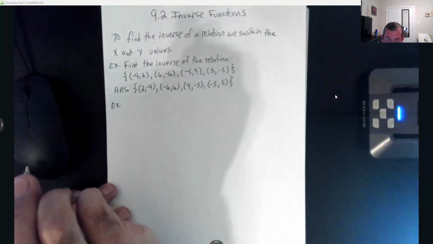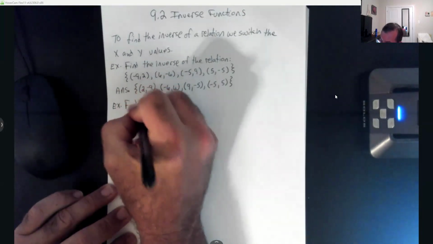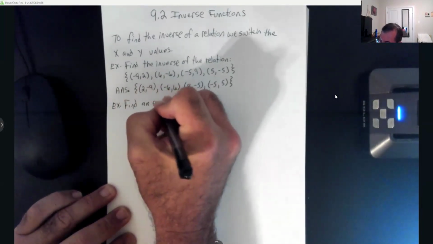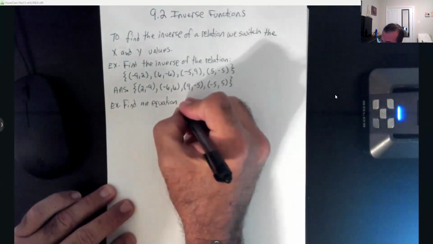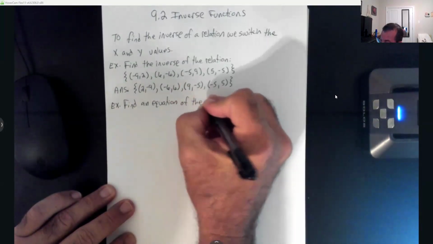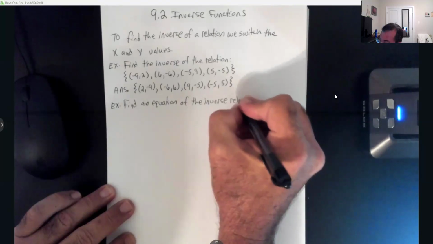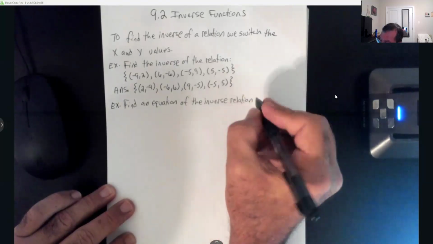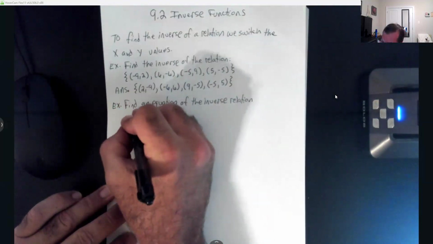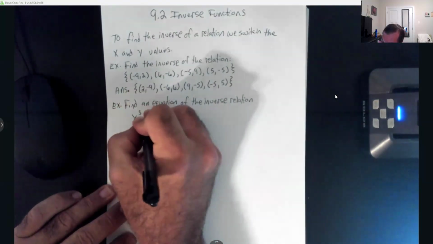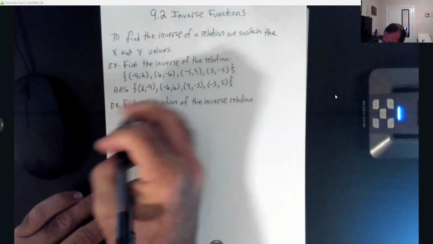So watch this. On this one, a little trickier, but they want me to find an equation of the inverse relation. All right, y'all, so the problem they're giving me is x to the third times y equals -3.